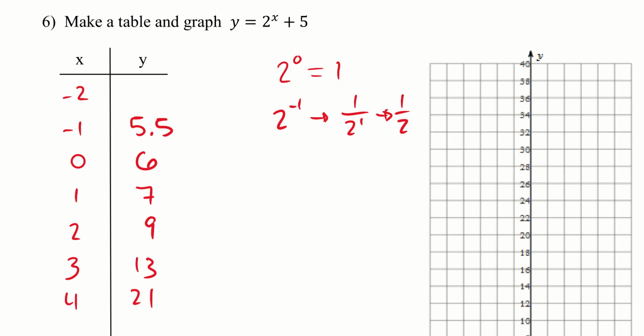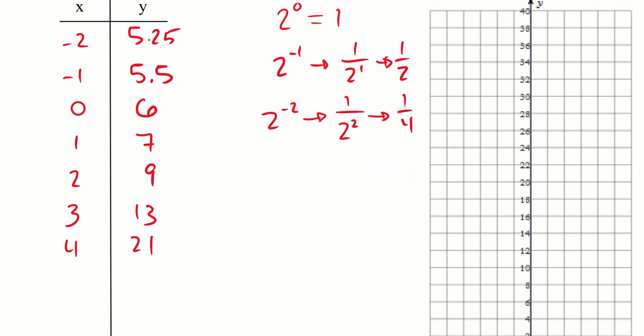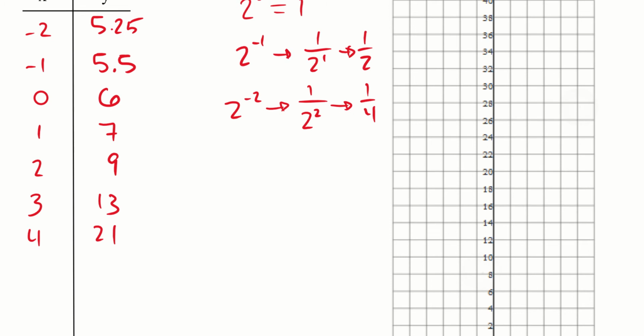And if I did 2 to the negative second, that is the same as 1 over 2 to the second, which is 1/4. And 1/4 plus 5, I guess I would write as 5.25. Okay, I think I got an okay table of values here. I might want to get a couple more points, but I'm ready to plot some anyway.